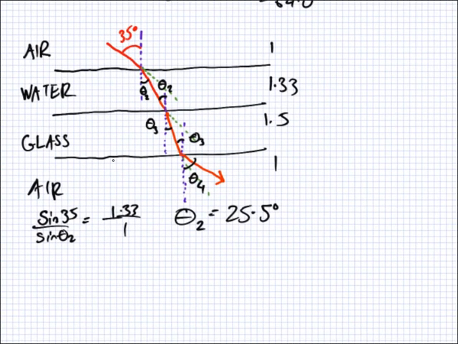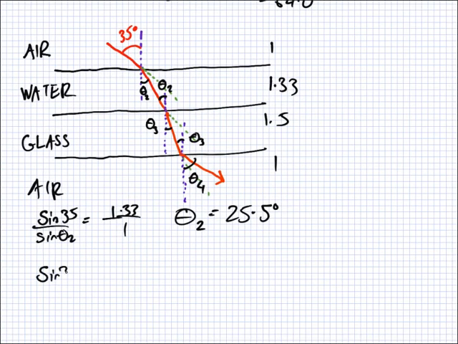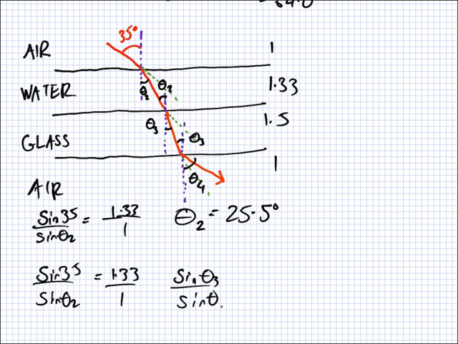Determine the angle of refraction as the ray leaves the glass block. So that's the last one, theta 4. You can say sine 35 over sine theta 2 equals 1.33 over 1. You can also say sine theta 3 over sine theta 2 is 1.5 over 1.33.